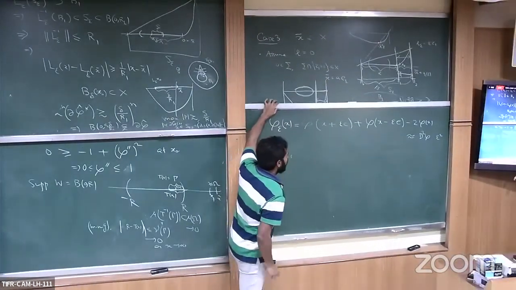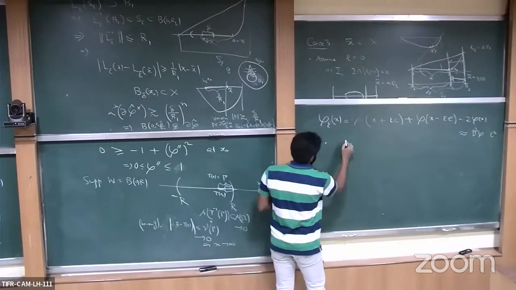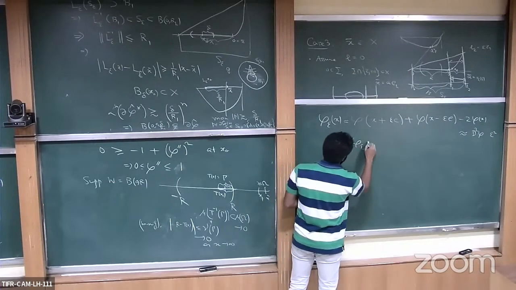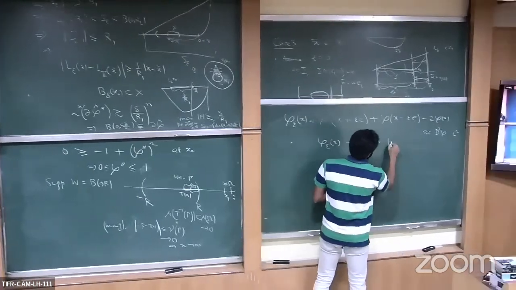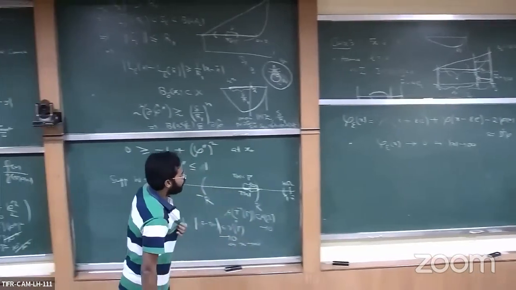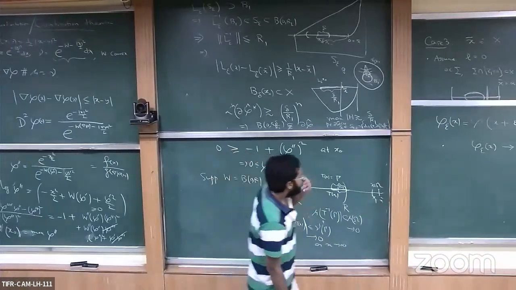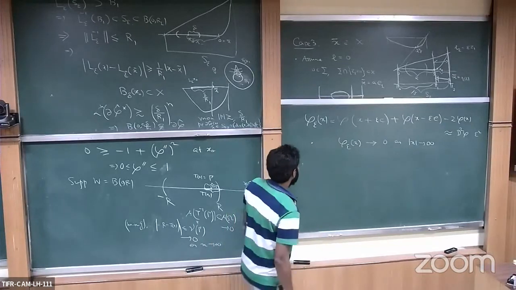Okay. All right. Now my claim is that this delta epsilon of x actually goes to 0 as mod x goes to infinity. I will again give a proof geometrically later. So for the moment, assume that, and therefore it has a maximum.